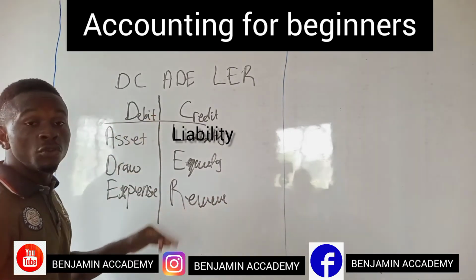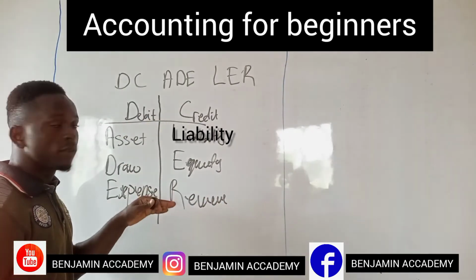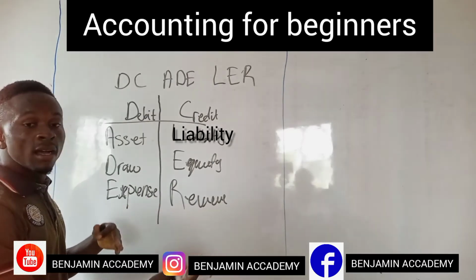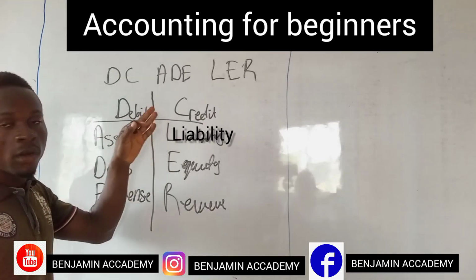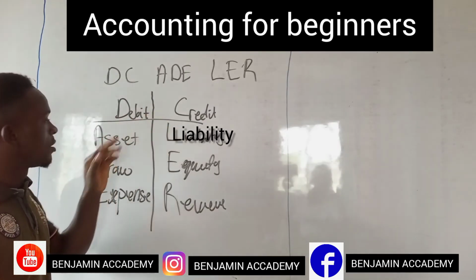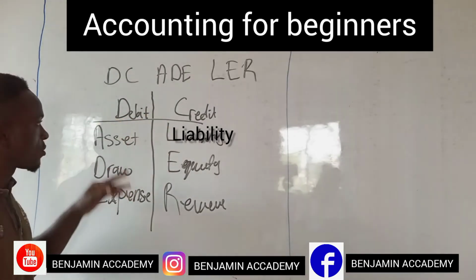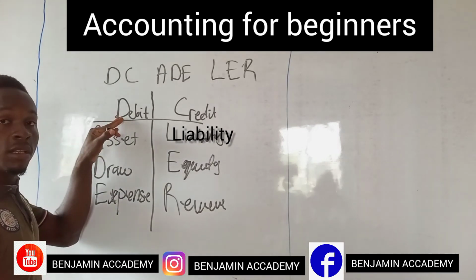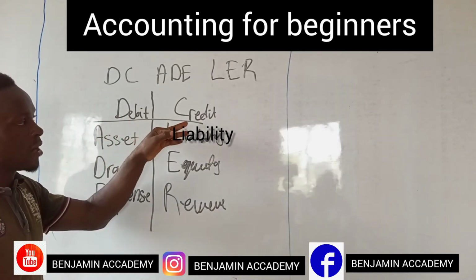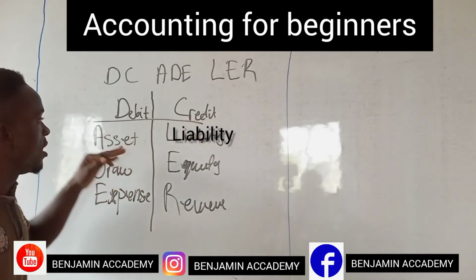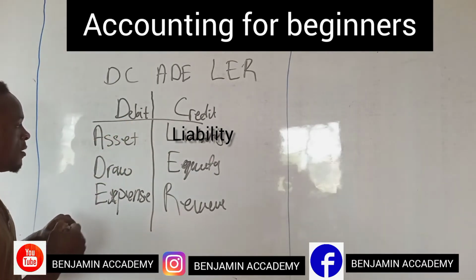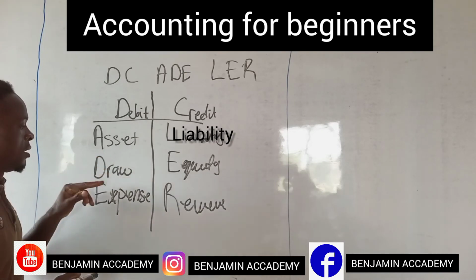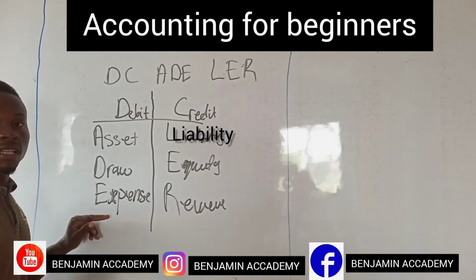So that's what you need to know in accounting for beginners. As a beginner, you need to first of all know how assets are created. What is credit? What is debit? The elements that fall under debit, as we have seen, are assets, draw, and expenses.